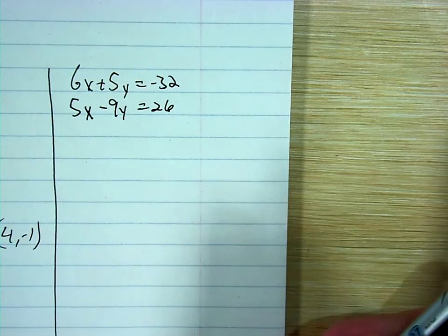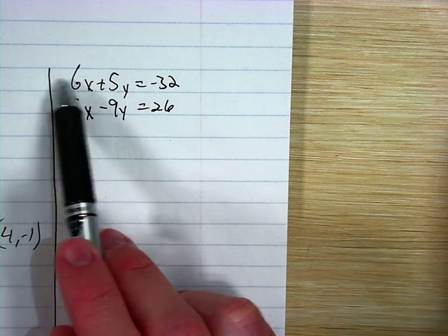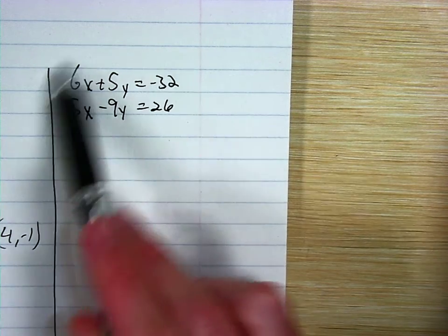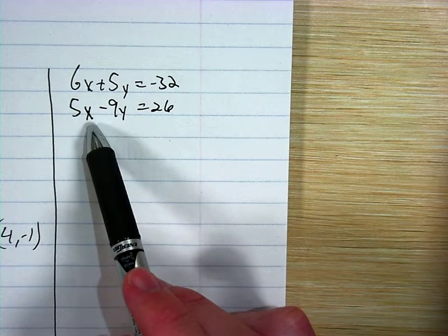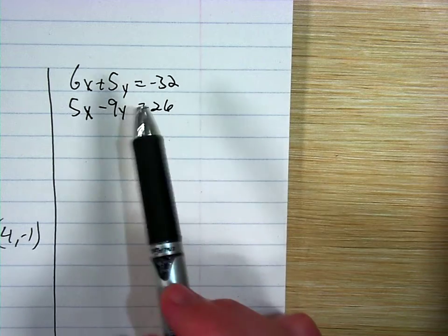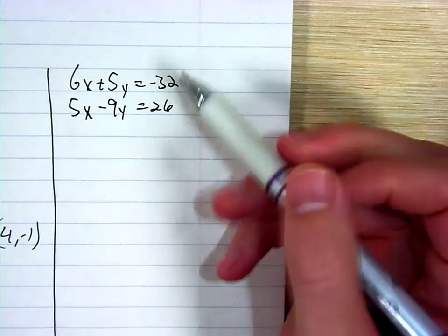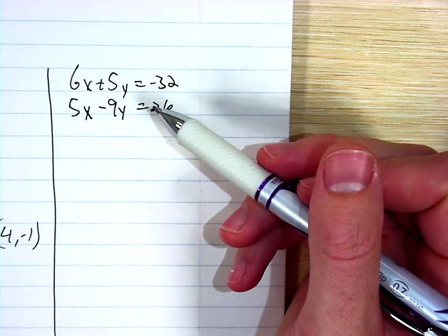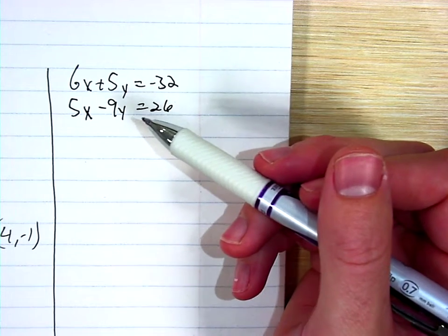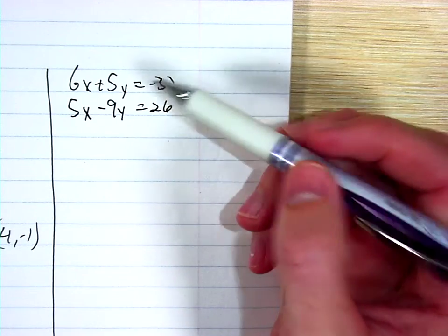Okay, so there's really not one number I can multiply this whole row by and come up with nice whole integers here for this row or that row. So I need to multiply both rows. So you've got to have an idea of what letter you want to cancel out and what number you want to get that to be.